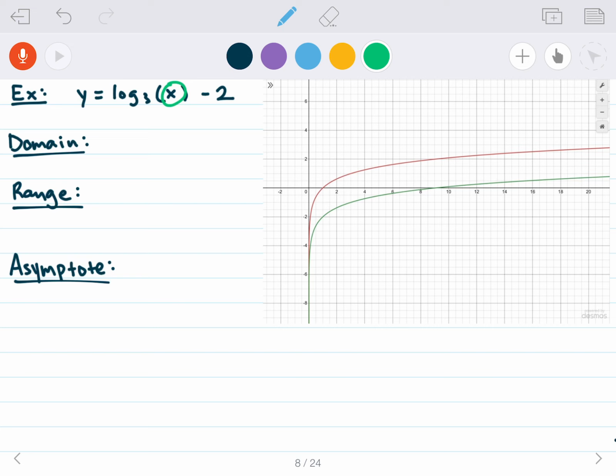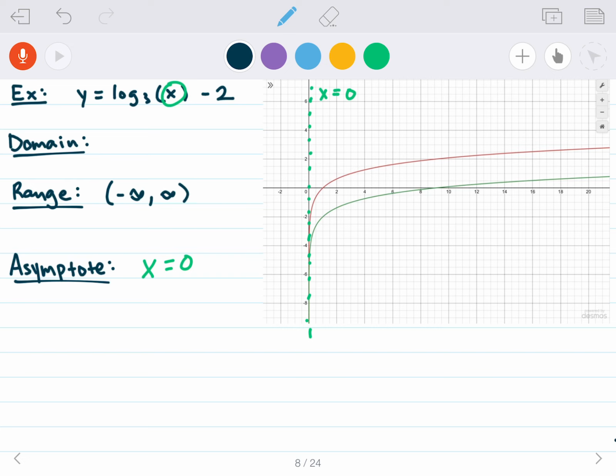So this is just going to simply be at x equals 0, right? And we can see that on the graph. We can see that both of these functions are hugging x equals 0. So that's my asymptote. Now my range, again, even though it's shifted, it's still negative infinity to positive infinity.